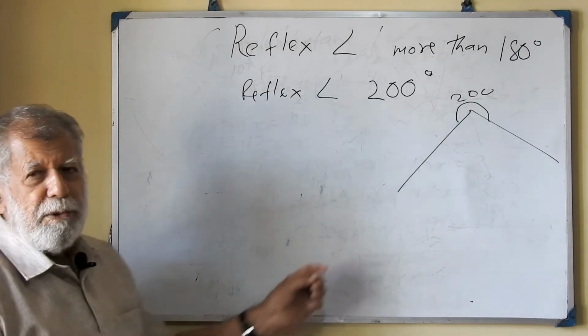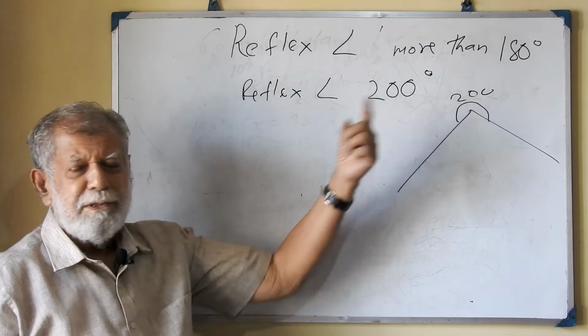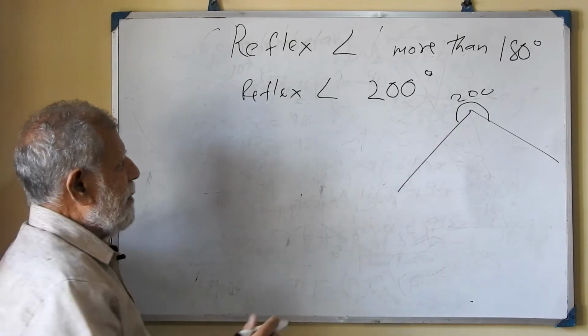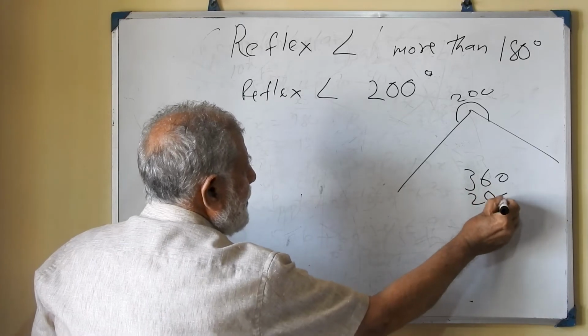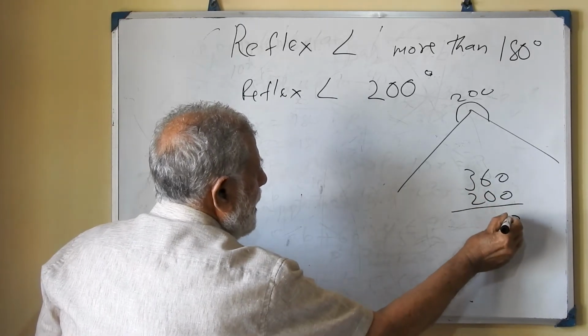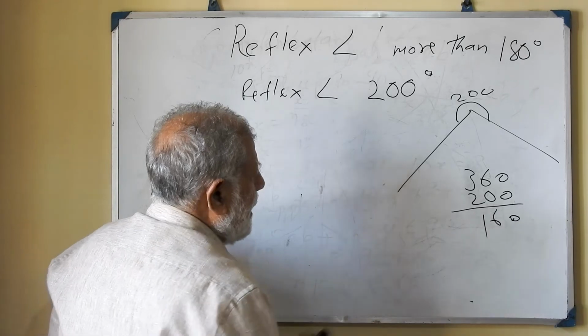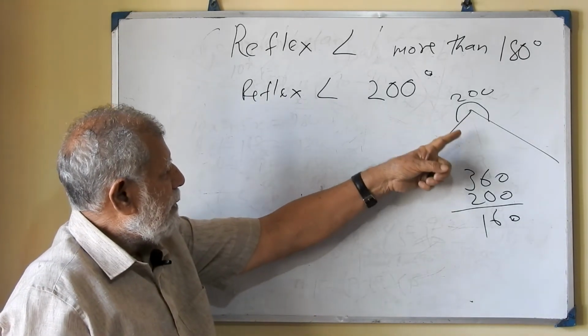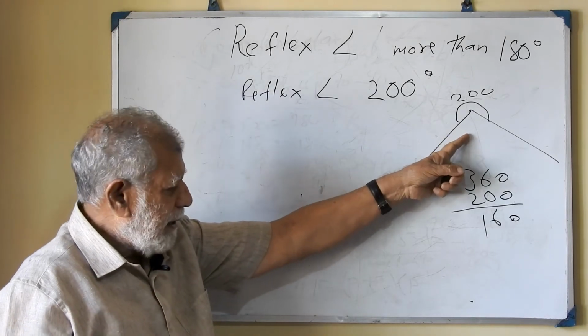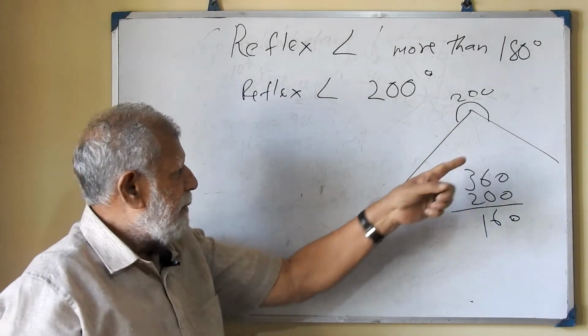So it will come something like this, 200 degrees. How to draw this accurately? What we do is, we know that angle round a point is 360 degrees. So from 360, we take away 200 degrees. So if this is 200 degrees, this should be 160 degrees. And 160 degrees we can easily draw with the protractor.